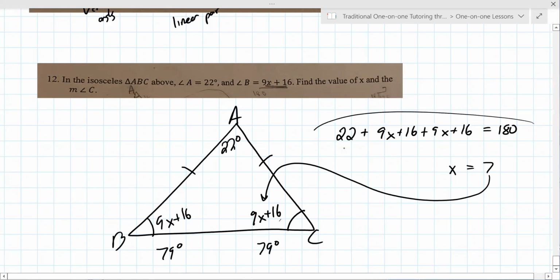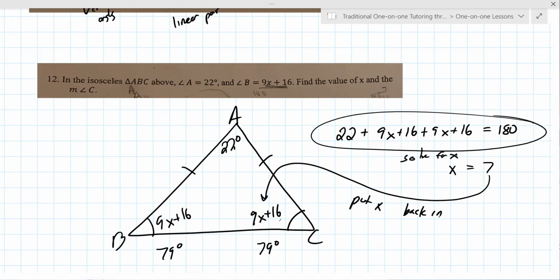You're writing this equation, solving it for x, and you solved it correctly. And then you put x back in. Okay, all right, yeah.